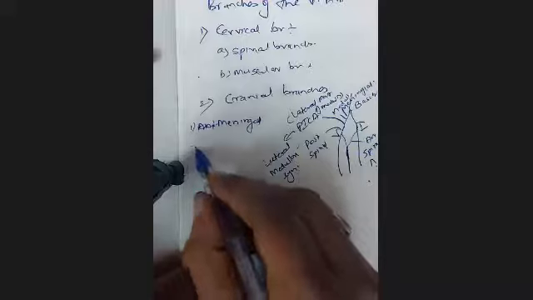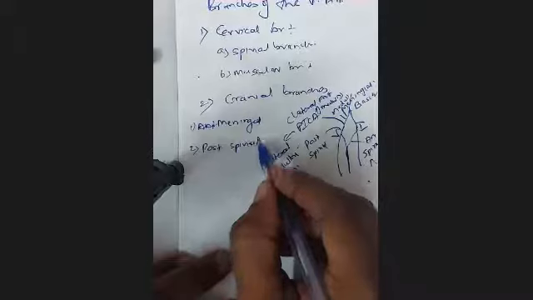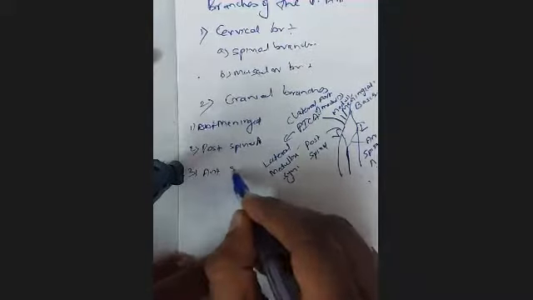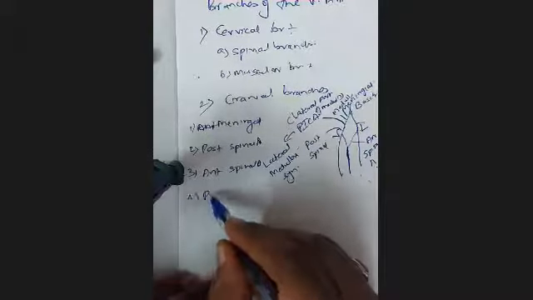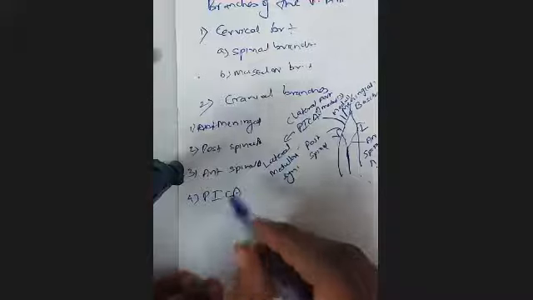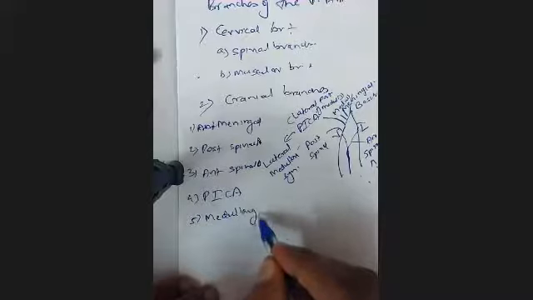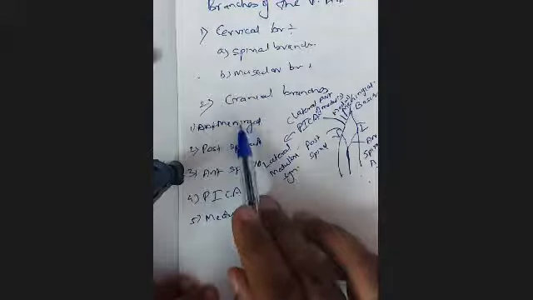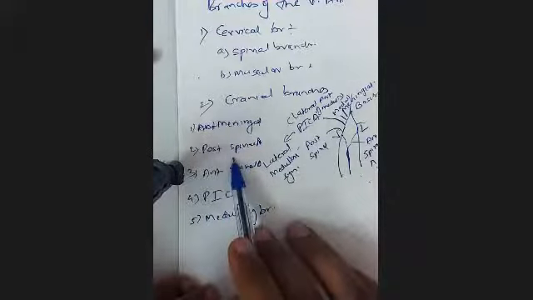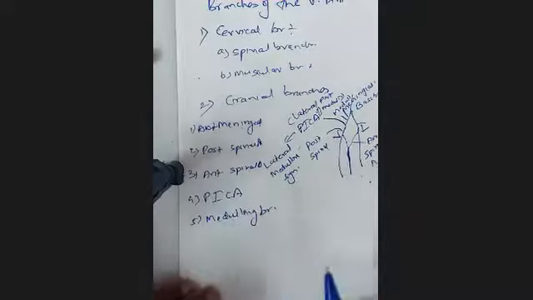Then the posterior spinal artery, then the anterior spinal artery, then PICA, posterior inferior cerebellar artery, and lastly there are some branches that go directly to the medulla, and those are the medullary branches. So the 5 branches of the vertebral artery: meningeal, posterior spinal, anterior spinal, PICA, and medullary.